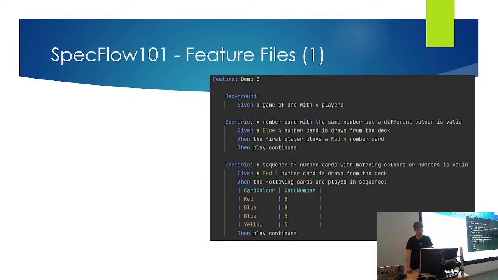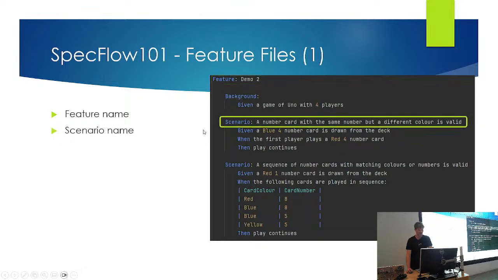just so you can see the different things that we can add to our feature files. So first up, every feature needs a name. Obviously, demo2 wouldn't be a great name in reality, but often we map that to a user story. It depends how we want to organize things. Then we can have one or more scenarios in our feature. Each scenario is essentially a test, and each scenario has to have a name or a description.